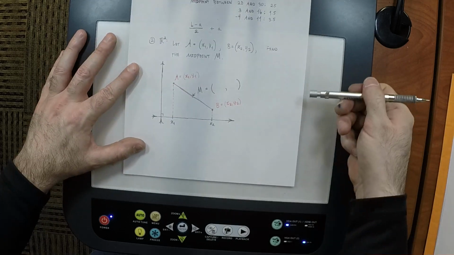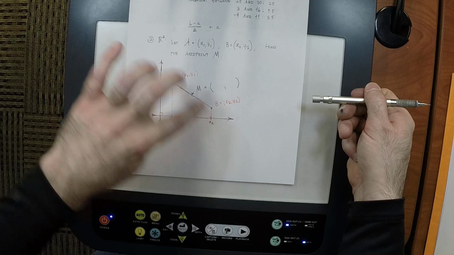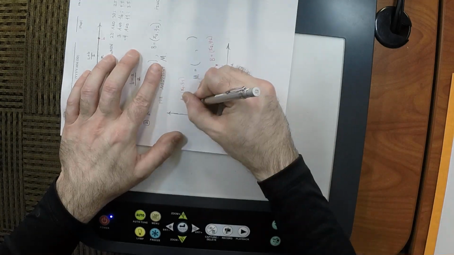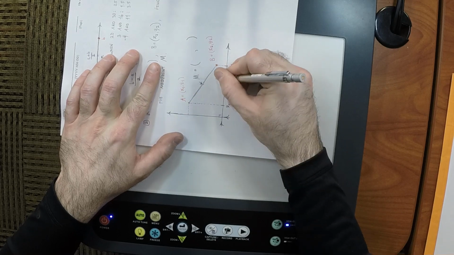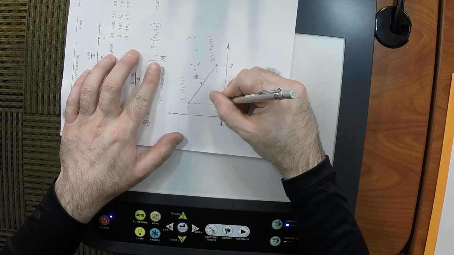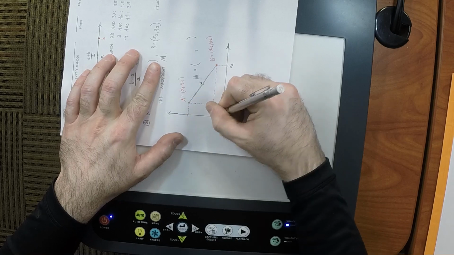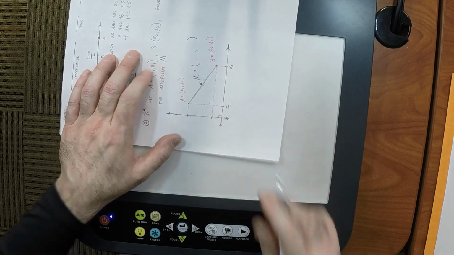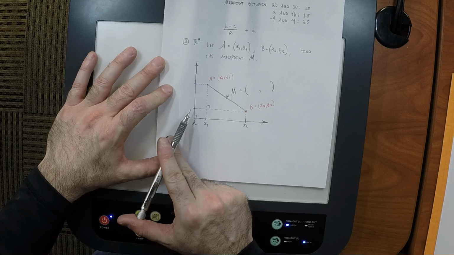And now I'll hold the light source over here. Very bright light, and now this line segment will cast a shadow on the vertical axis. The casted shadow will look like this. This is a right triangle, but that doesn't really matter so much for our purposes. On the vertical axis, what's that? y2.